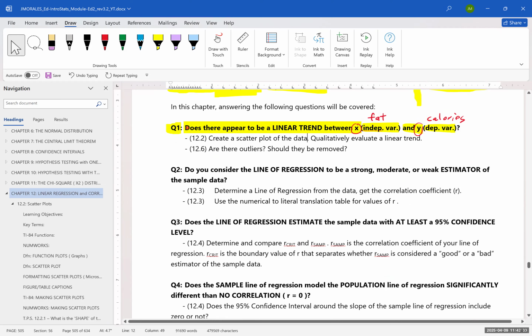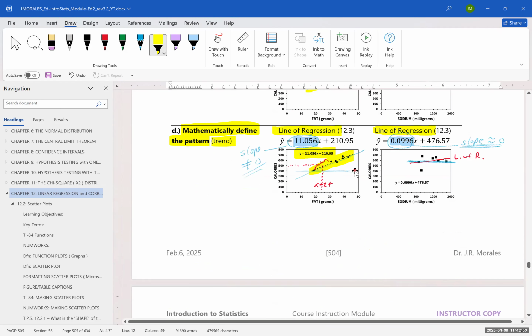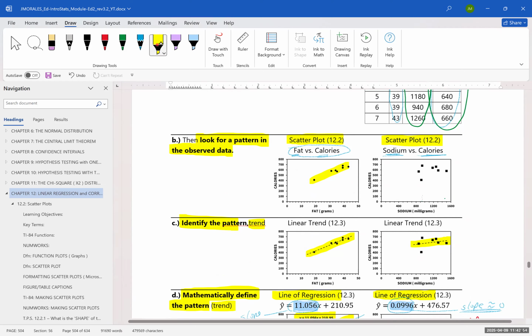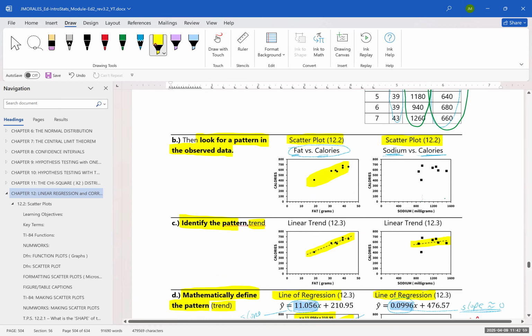Now, this is something that we're not going to cover until the very end, looking for outliers and removing them. But typically, this would be something that you would do at the very beginning. An outlier, if we had one in this example, so for fat, you can see that a majority of the data seems to be along this line here, this linear trend.